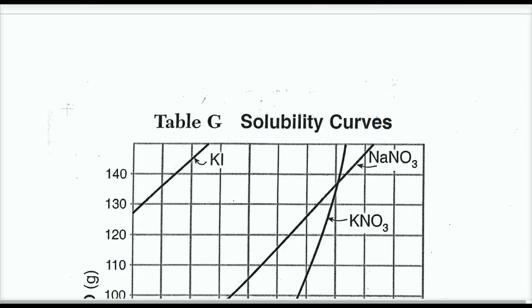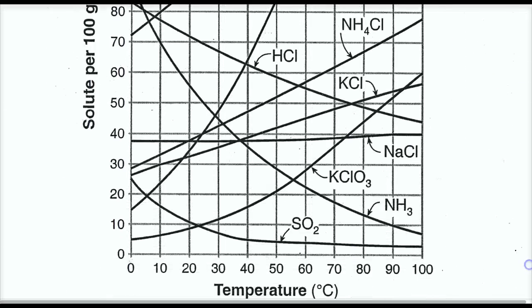Okay, so potassium chlorate, there it is, at 23 degrees Celsius. So we're going to estimate, we're right around here. And if we're off by 1 or 2 degrees, it's totally understandable. They give you that leeway. So there's my point. They said I was saturated, so I'm on the line. That's at 23 degrees.